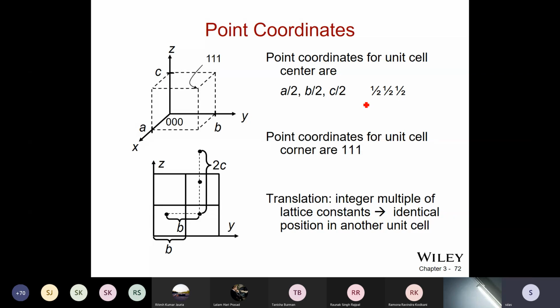How do you index them? After covering that portion, I shall move to the next chapter, chapter 4, atomic level defects in crystalline solids. So I end this class here, but now I am available to answer any question you may have.